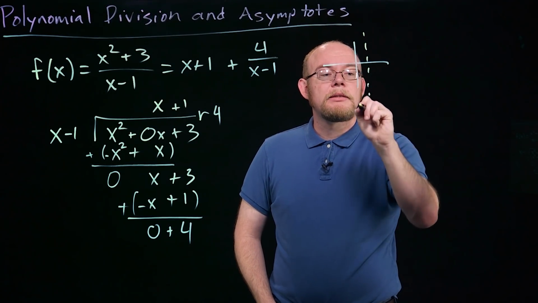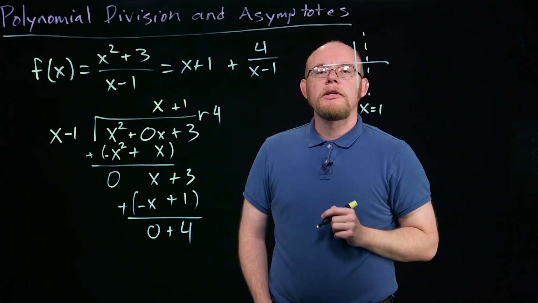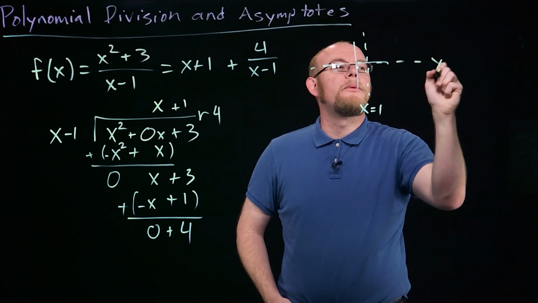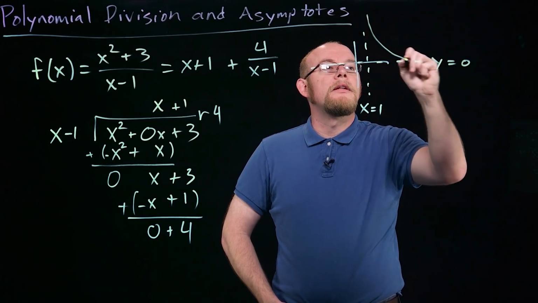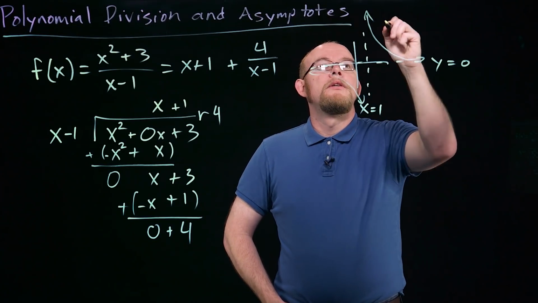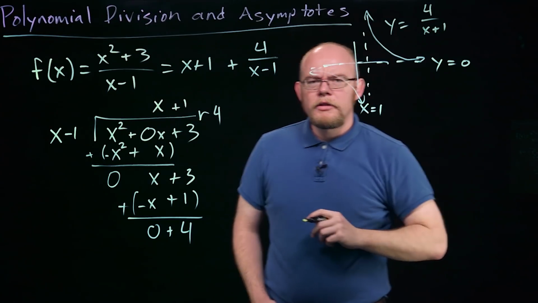So we're going to have an asymptote at x equal to 1. And then it's also going to be vertically stretched by 4, which stretches it out, but doesn't change the asymptote y equals 0. And so then we get something that looks like this. So that's our first graph.